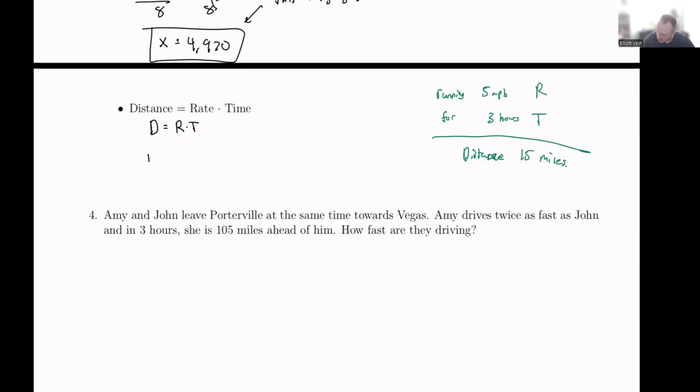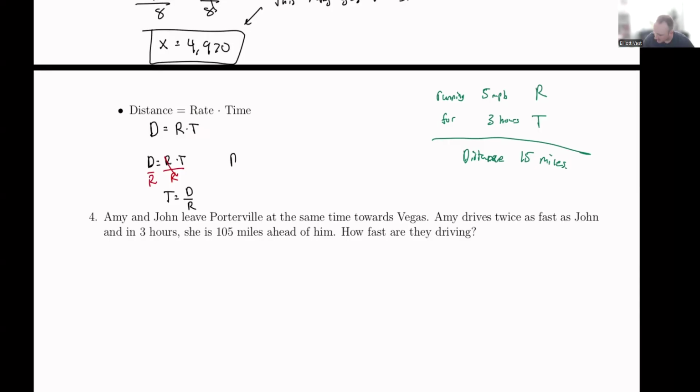If I started with d equals r times t, I could divide by r on both sides, and I'm left with an equation for time: t is equal to d divided by r. Or if I divide by t on both sides, I have r by itself. I've solved for r, and r is equal to distance divided by time.